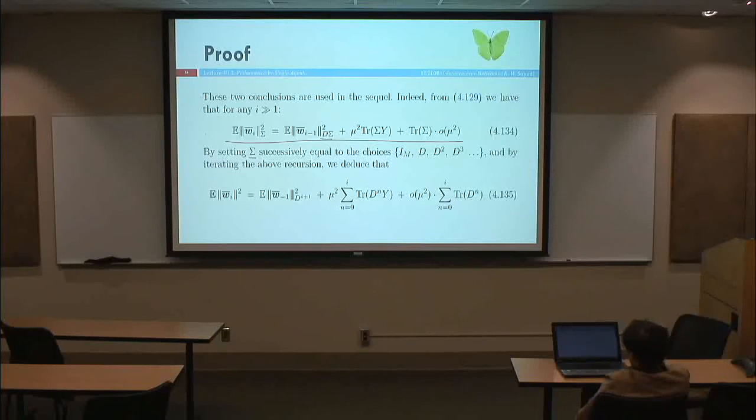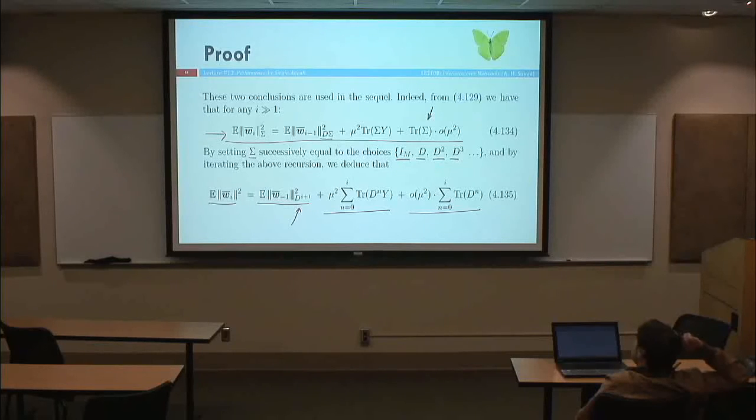So you can write down this equation for successive powers of sigma, and then you add them up. You will be able to find that the variance of the error at time i, you can relate it to the variance at the initial time instant involving a power of D, plus this sum, plus that sum. By the way, that was one reason why I kept the trace of sigma here multiplying mu squared.